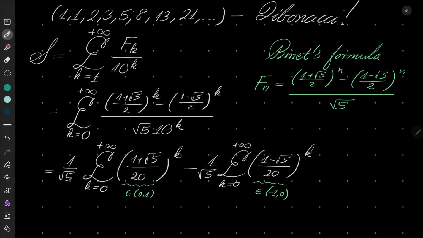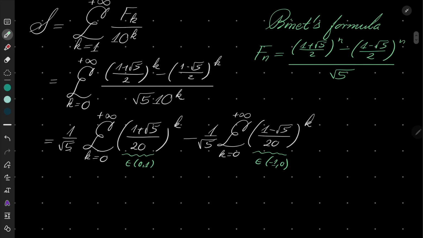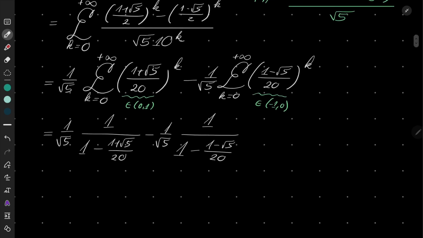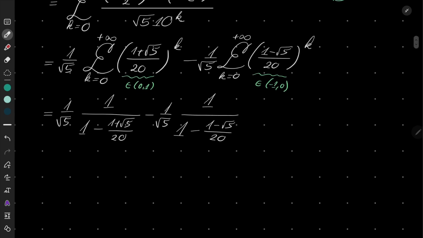So we know that both of these sums converge, and we can use the formula for the geometric series. So it's this number, and here we have 1 over 1 minus the quotient. And here we have the same, 1 over 1 minus the quotient. Very well. And now it's just a matter of simplification.